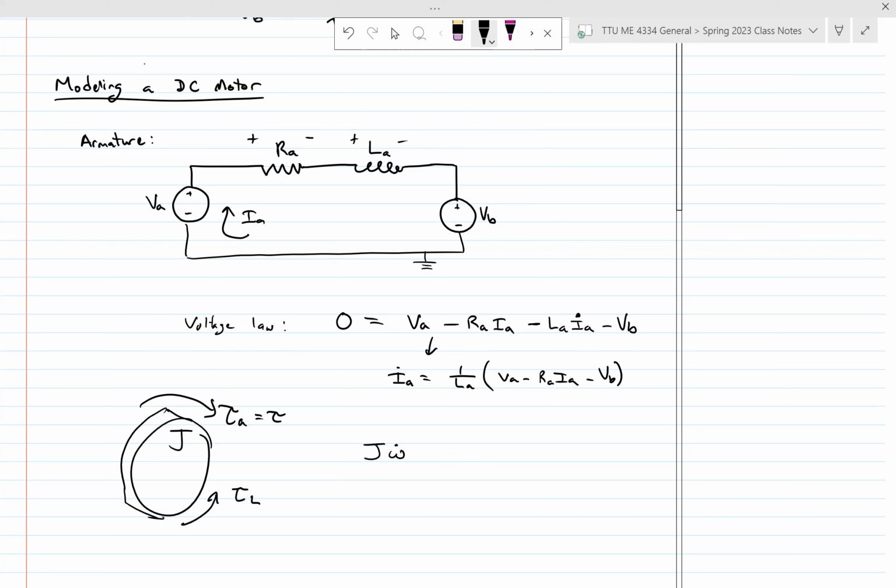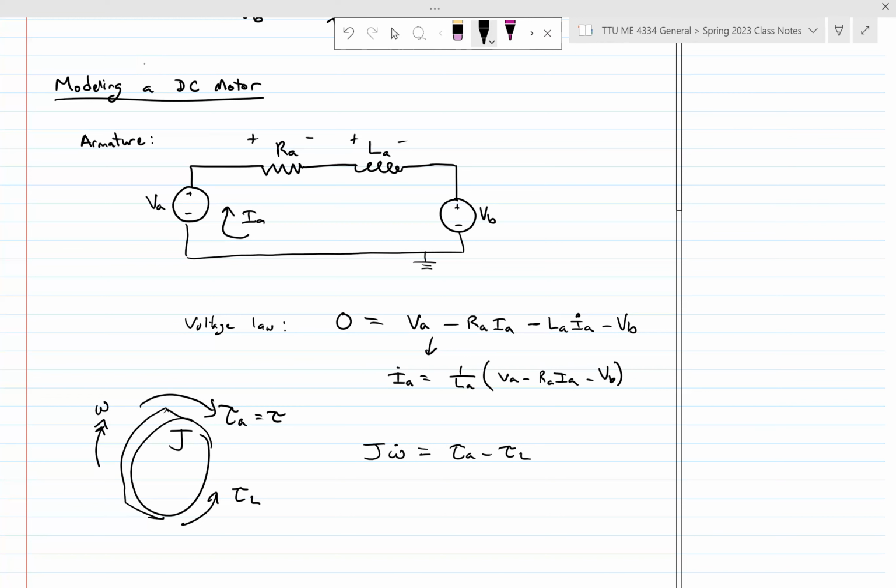Clockwise or counterclockwise? Clockwise. I would prefer clockwise here, but you could do counterclockwise as well, right? Okay, and that's going to be equal to what? Tau A minus tau L, right? Torques that are going in the positive velocity direction, minus torques against it. The easier version of what we did earlier.